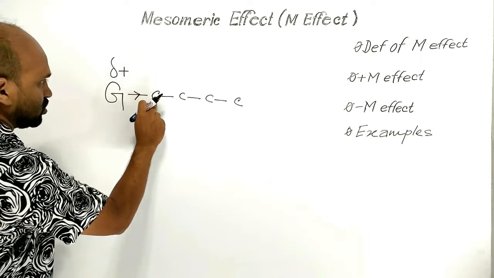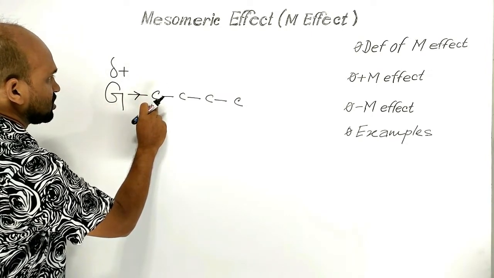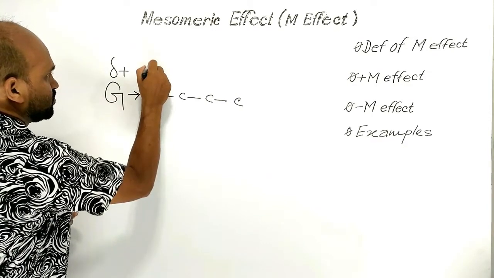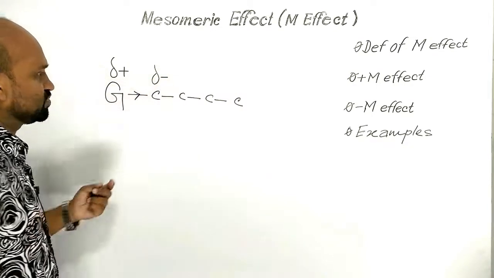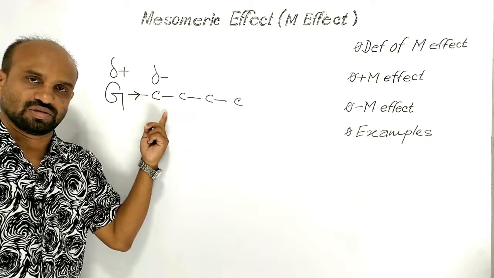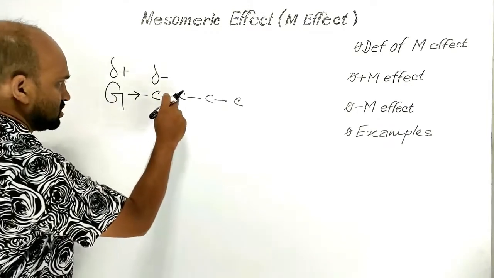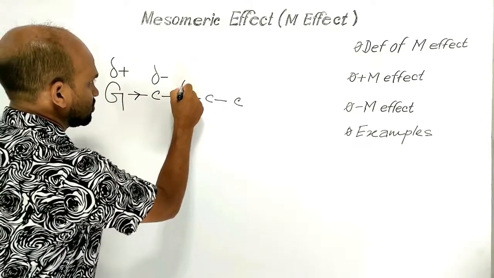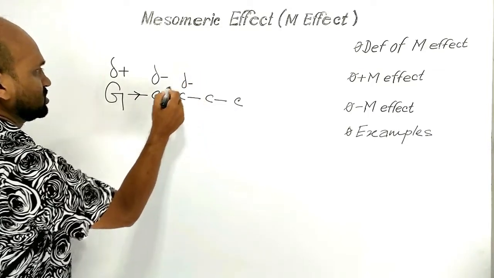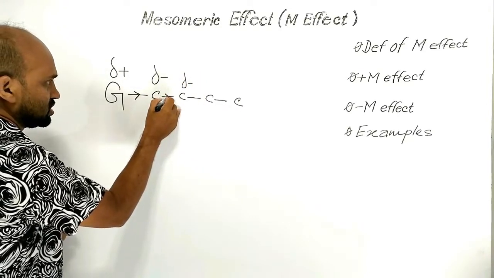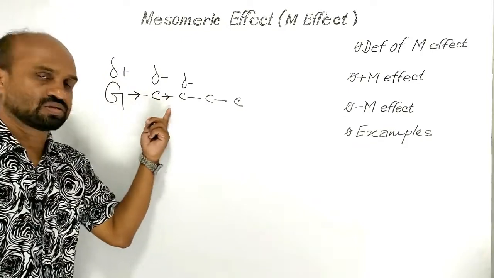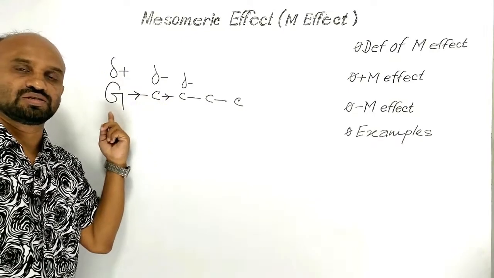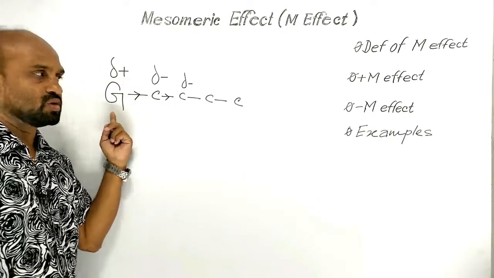Similarly, over this adjacent carbon, partially negative charge is created, and this carbon becomes partially negatively charged because this sigma bond is affected by this electron donating group.